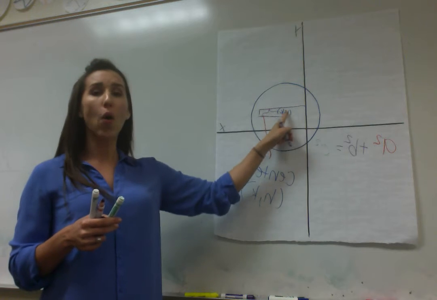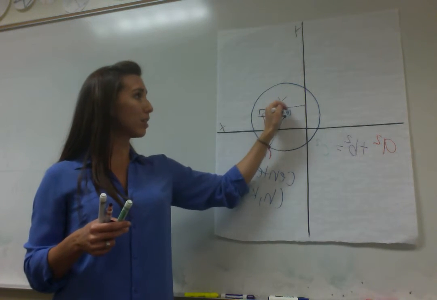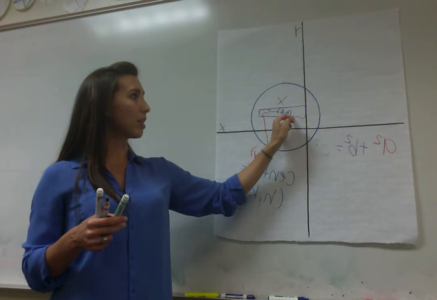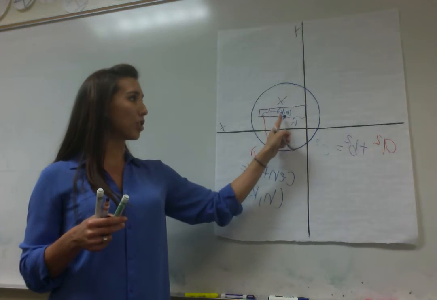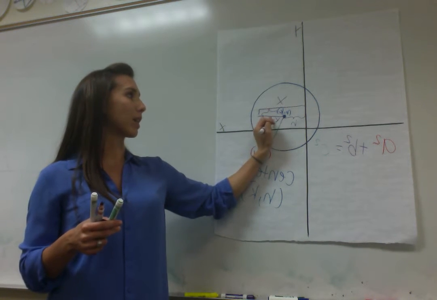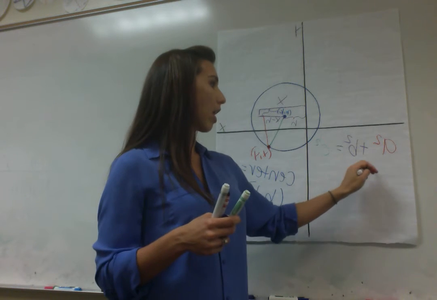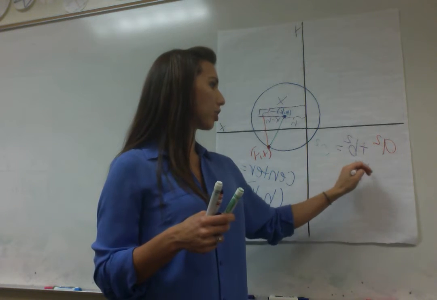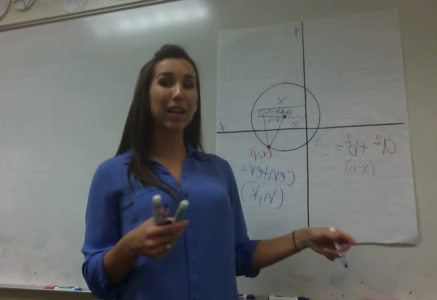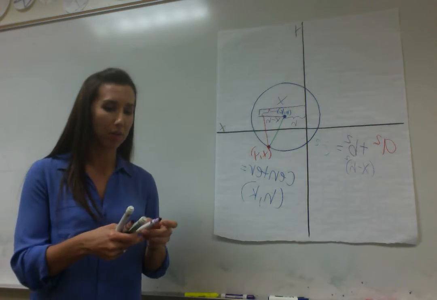If I know this whole thing is x, but from here to here is h, then this portion of the line must be x minus h. So for b in here, I can call this x minus h instead of b, because now we're getting a little more complex with how we're describing these.